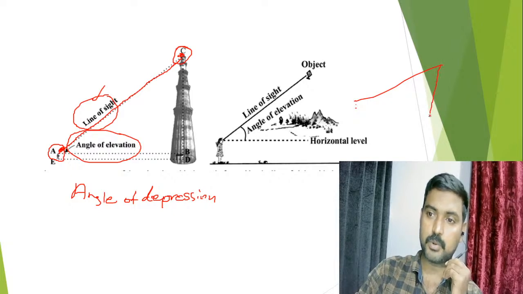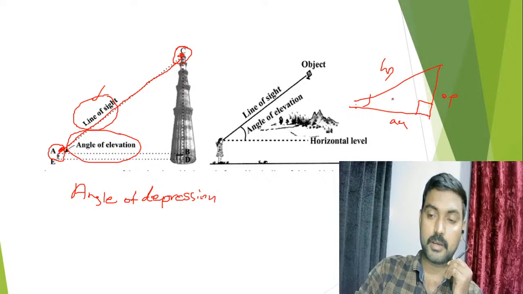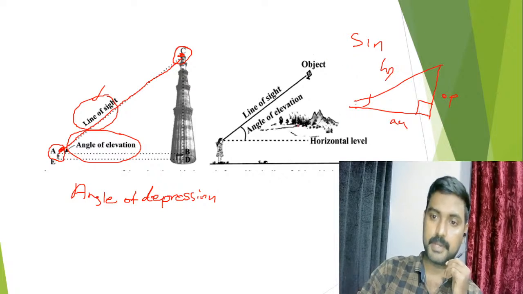However it is, by joining its perpendicular and base we can create a right angled triangle. If we create a right angle triangle, there will be opposite side, adjacent side, hypotenuse based on one angle. So we can apply the trigonometric ratios, that means sine, cos, tan, cosec, sec, cot.